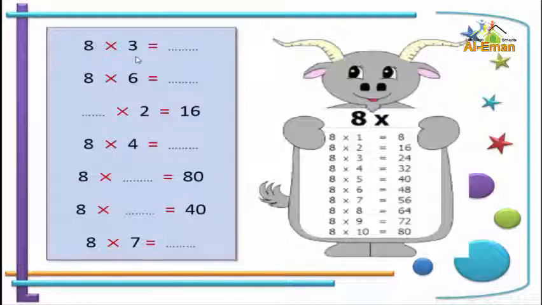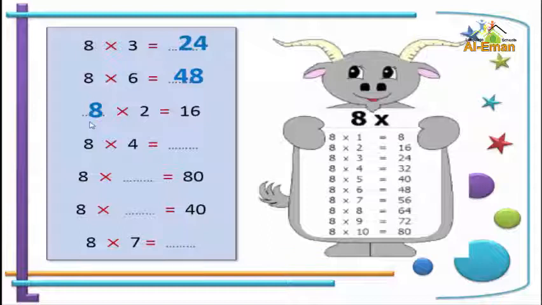Eight times 3 equal what? 24. Excellent. 8 times 6 equal 48. Which number times 2 equals 16? Excellent. 8.